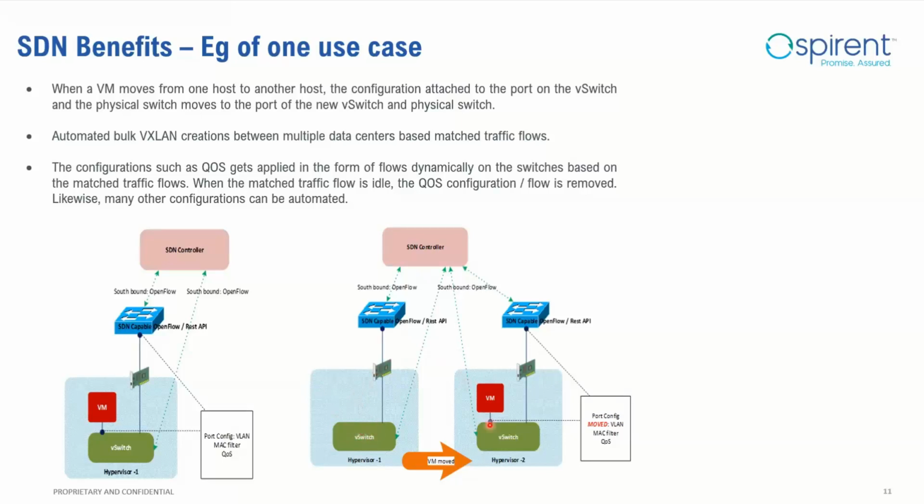So they move the VM from one server to another. When they do that, the SDN controller knows about it. It moves the configuration also onto the new server. You don't have to worry about pre-configuring this before you move the VM to the other server. The SDN controller takes care of that. It moves the configuration also on the physical switch and also on the virtual switch. It does that.